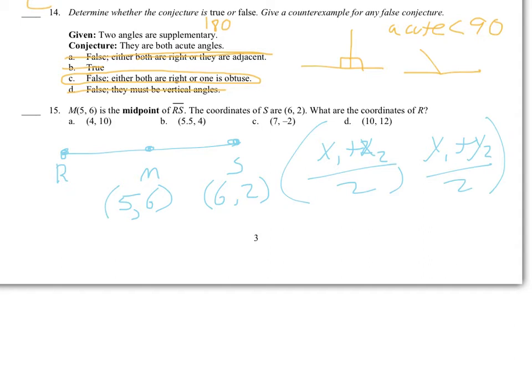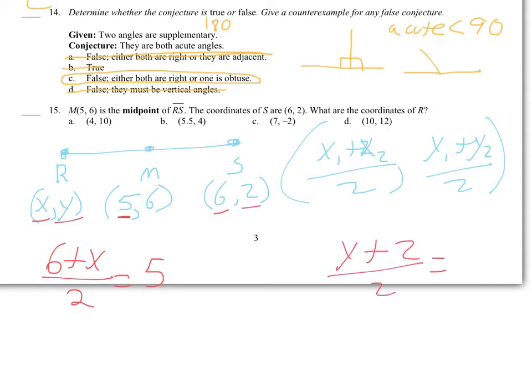Now in this case, we already have our midpoint, we don't have the x or the y of our endpoint. So we're going to add our x's: 6 plus x divided by 2, and that's going to equal our midpoint x, which we know to be 5. We're going to do the same thing with the y's: y plus 2 divided by 2 is going to be equal to 6. So now we solve this, multiplying both sides by the denominator to get rid of the fraction.